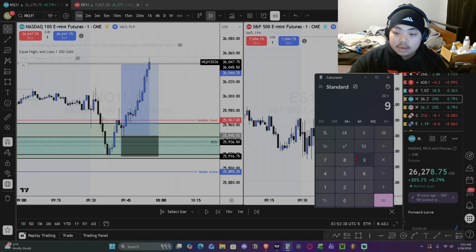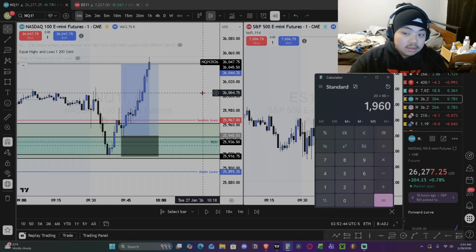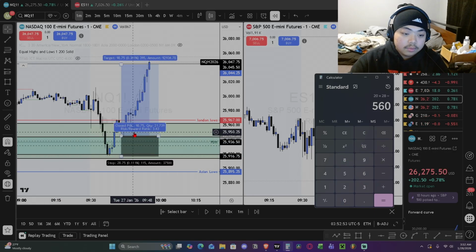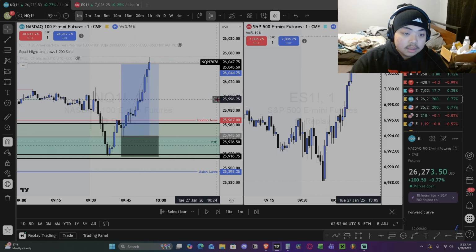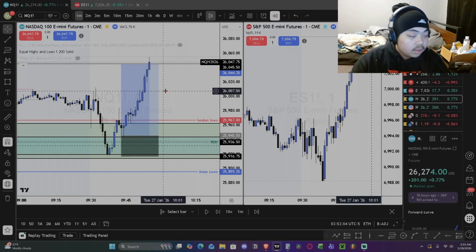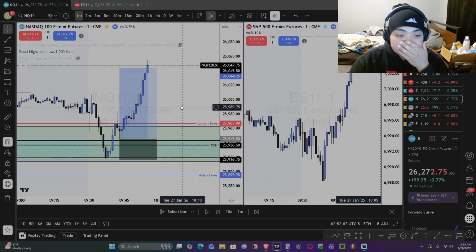I could have made 1,960. This 20 times 28, I could have risked 560, risking 560 to make 1,960. So this is a positive RR, a 1 to 3, almost a 1 to 4, but it's all good.